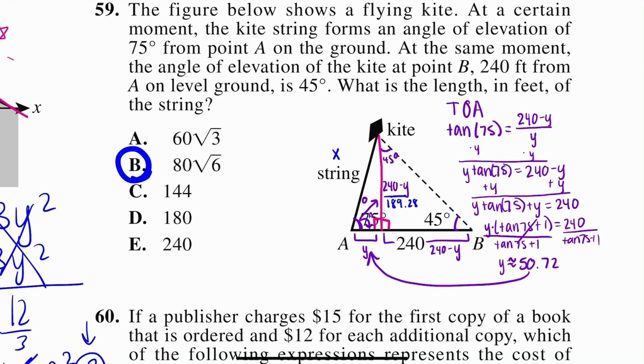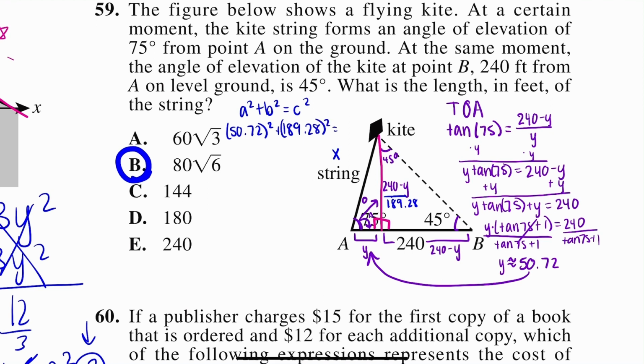So now when you find our x, we can use the Pythagorean theorem. So I have my a squared plus b squared equals c squared. My a is my smallest side, which is this 50.72. My b is the 189.28 squared.